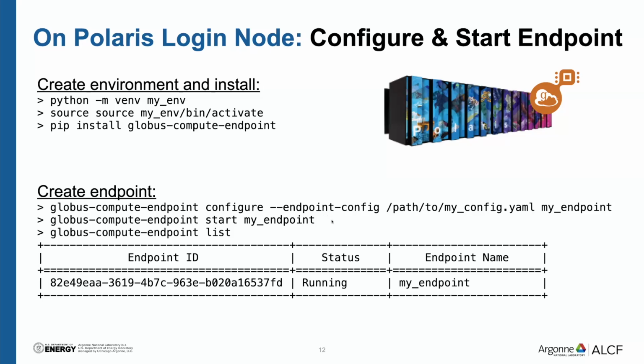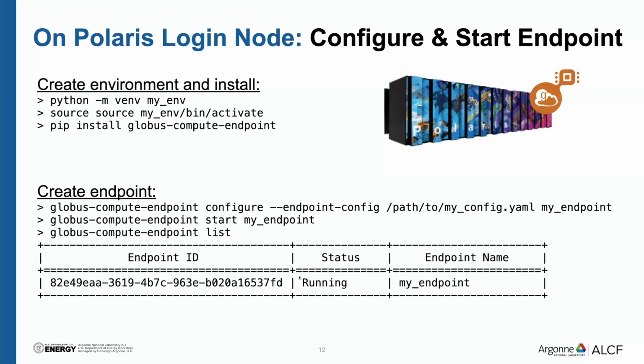But then to actually start the process that can talk to the Globus service, you execute this command here, globus-compute-endpoint start, and then the name of the endpoint, my endpoint. Once you've done that, you can query what endpoints you have on the machine with globus-compute-endpoint list. And hopefully what you will see is an endpoint with your name that's in a running state.